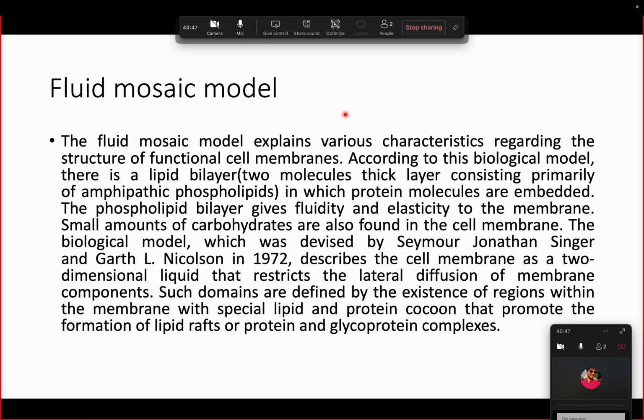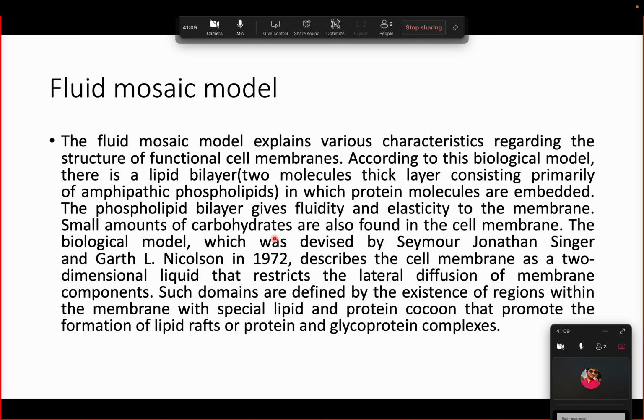Lipid bilayer: a two-molecule-thick layer consisting primarily of amphipathic phospholipids, in which protein molecules are embedded. The phospholipid bilayer gives fluidity and elasticity to the membrane. Okay, small amounts of carbohydrates are also found in the cell membrane.